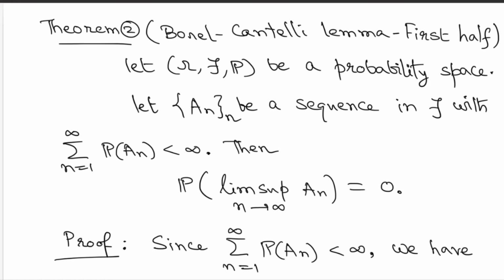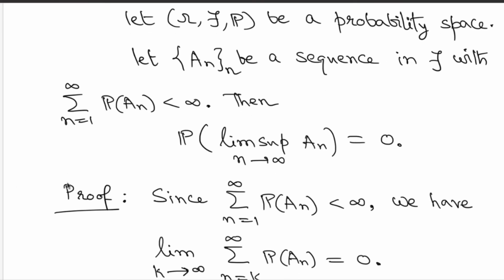Here what we are saying is that we are going to take some specific type of sequences from any probability space, and with some appropriate sufficient conditions we can construct some very specific sets with measure 0, probability 0. So what is this? Take A_n to be a sequence in your sigma field with the condition that the sum of the probabilities of the events is finite.